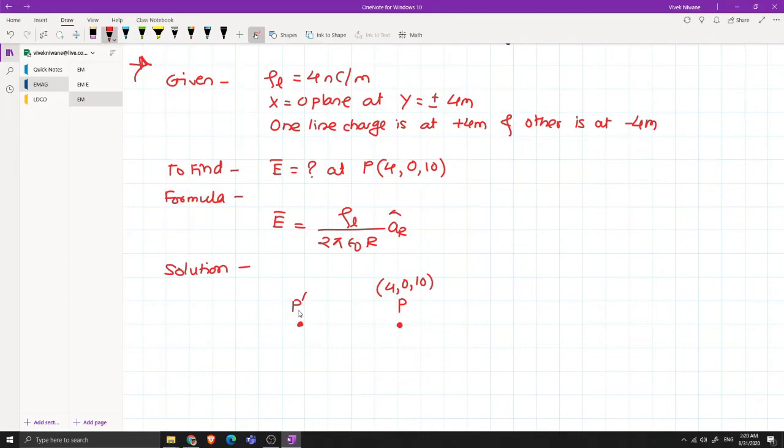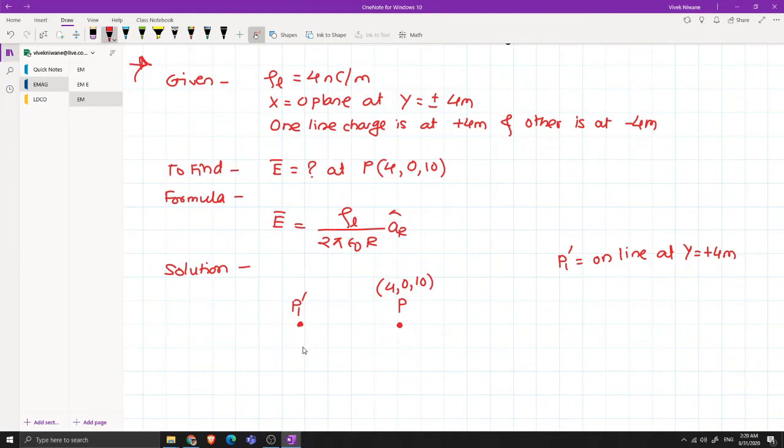Let us say this one is P1 dash. What does P1 dash mean? I assume P1 dash is a point on the line at y is equal to plus 4 meter.